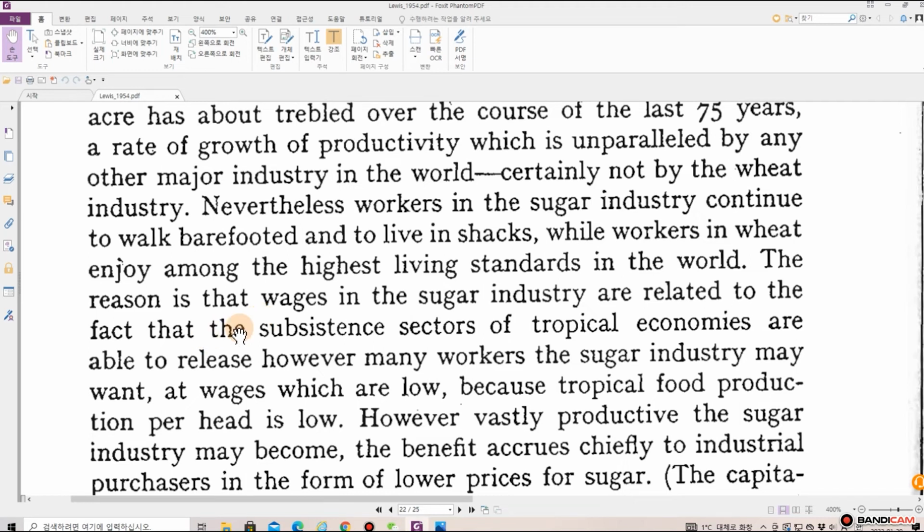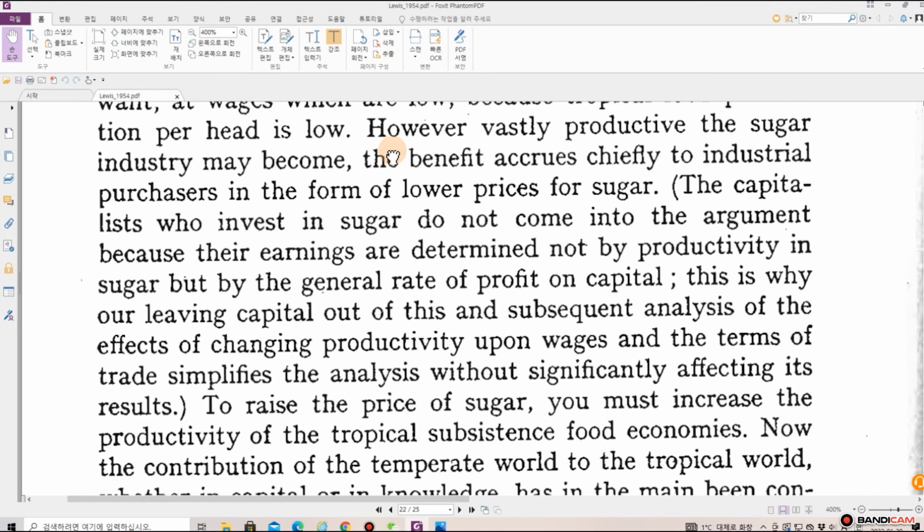The reason is that wages in the sugar industry are related to the fact that the subsistence sector of tropical economies are able to release however many workers the sugar industry may want, at wages which are low because tropical food production per head is low.